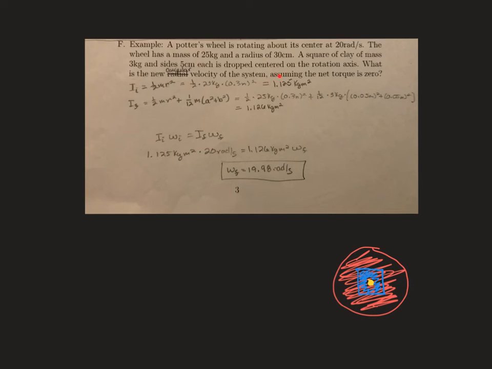So that should be the same as the answer you got for the initial. And we're going to add to that 1/12 times 3 kilograms times the quantity 0.05 squared, so one side, plus 0.05 squared, so the other side. And that's going to give us a slightly larger moment of inertia, so 1.126 kilogram meter squared.